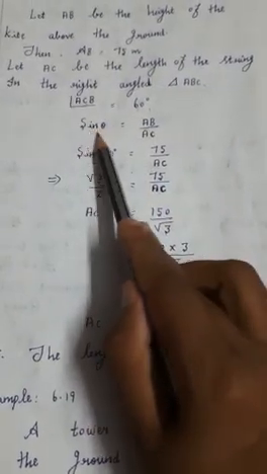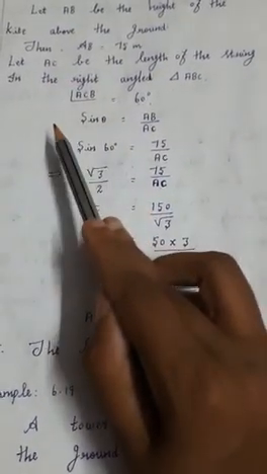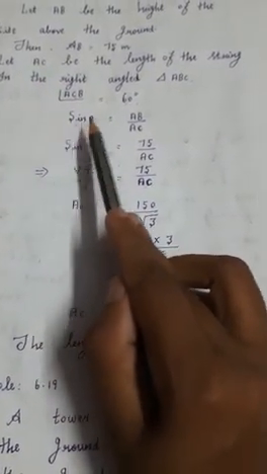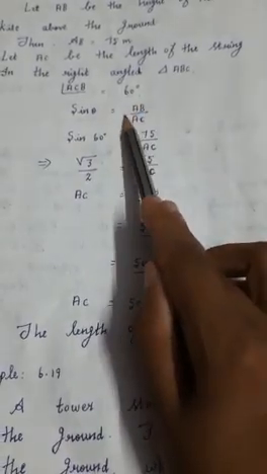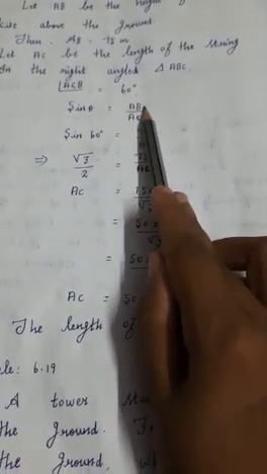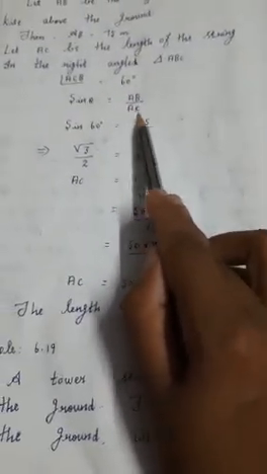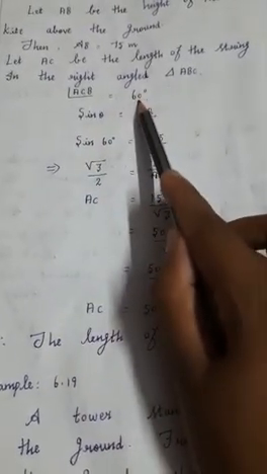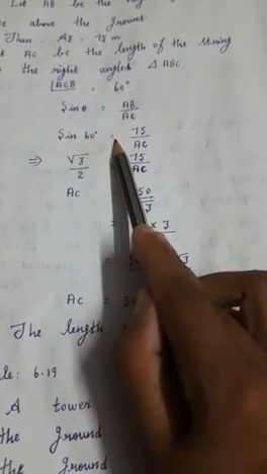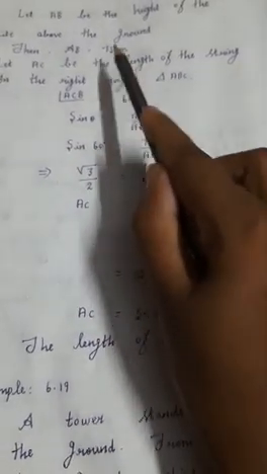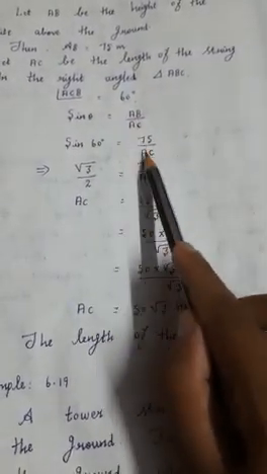Already I said, sine theta we need to use, because the opposite side is 75 meter and the hypotenuse, the length of the string, we need to find out. So sine theta is equal to AB divided by AC, opposite side divided by hypotenuse. Theta is the angle, 60 degree, so sine 60 degree is equal to 75 divided by AC.